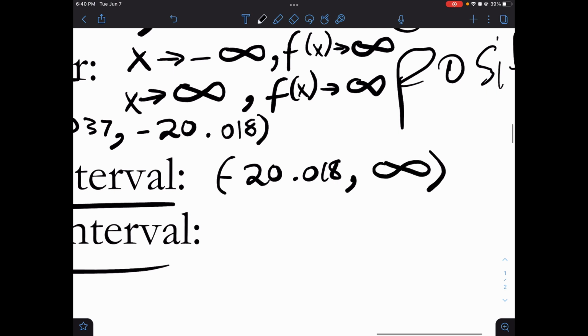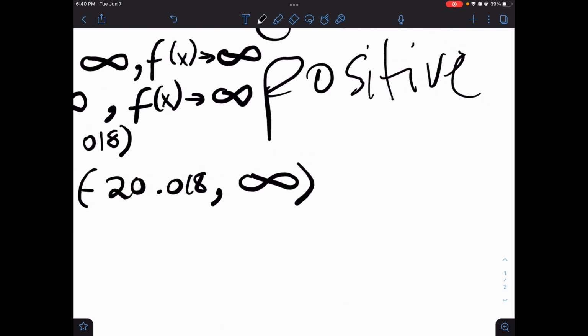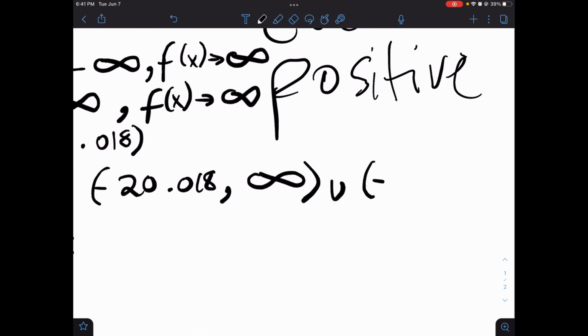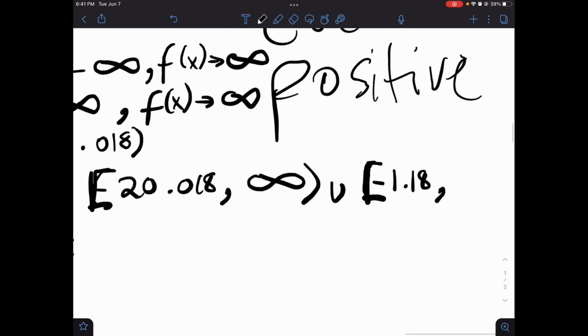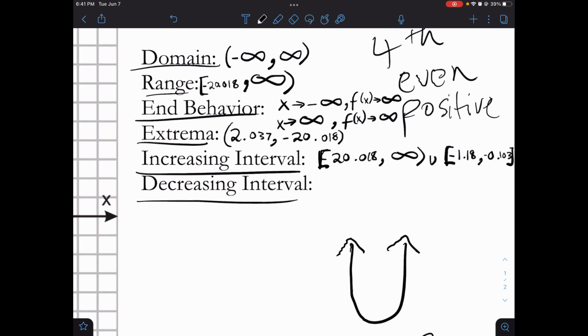And on my calculator, I do see that there's another point which is increasing briefly, and it starts from the point negative 1.2, which is included, and this is included as well, negative 1.18, and goes to the point negative 0.103. And these are all approximations. These are not the whole numbers.